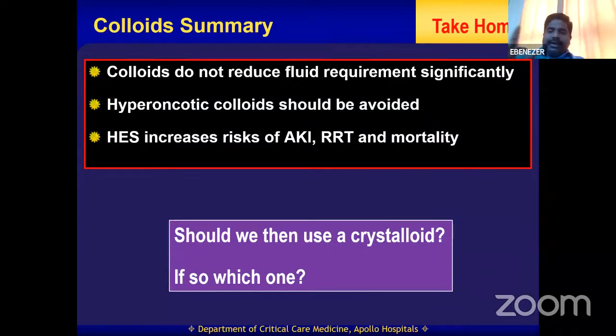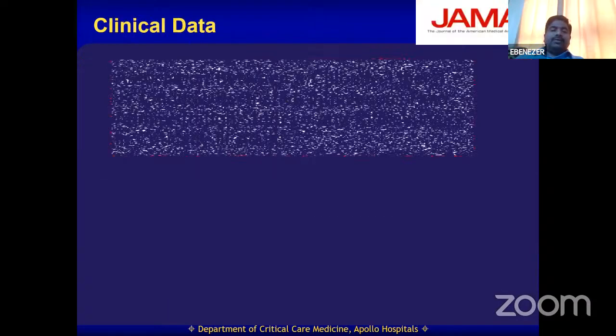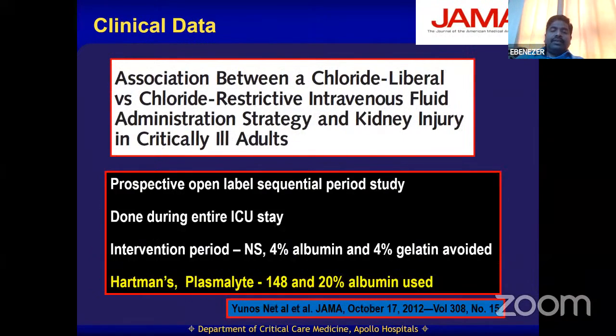Suppose we decide to go for a crystalloid, which particular crystalloid will you use? This is where the next strategy comes in: whether we have to use a chloride-liberal versus chloride-restrictive intravenous fluid administration strategy. Here I want to emphasize that the previous guideline stated you can use balanced salt solution or normal saline.